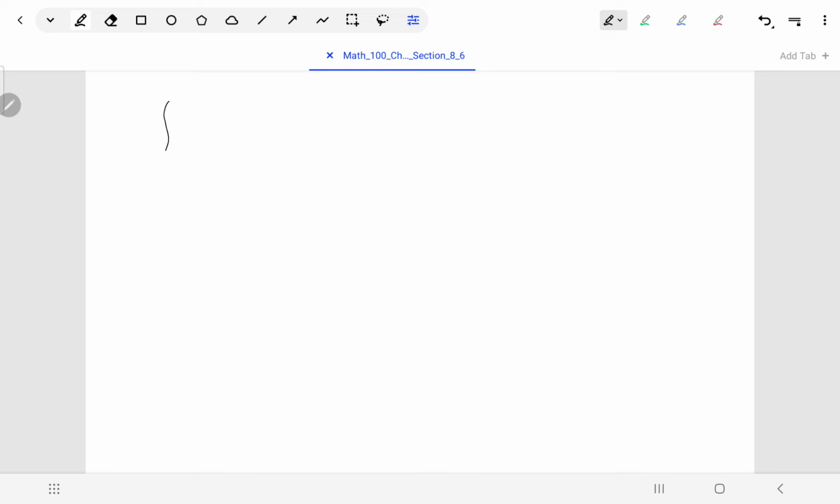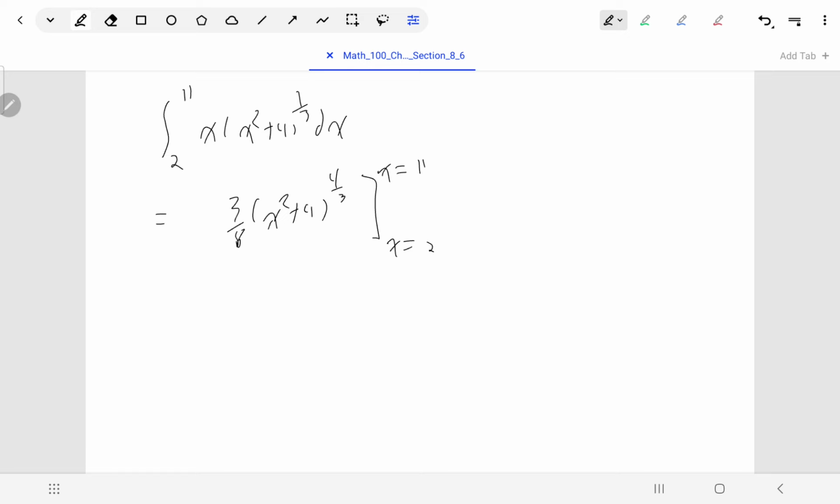So now that we have an antiderivative for the integral of x times (x squared plus 4) to the third, for the definite integral we just have to evaluate that antiderivative between 2 and 11. So we just have to take that 3/8 (x squared plus 4) to the 4/3 that we just found as our antiderivative and evaluate that between x being 2 and x being 11.